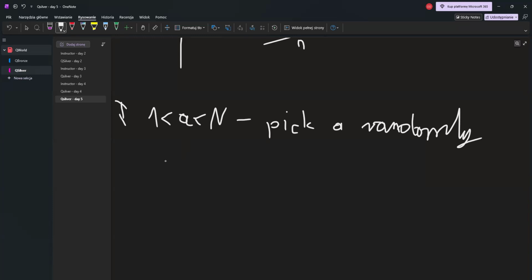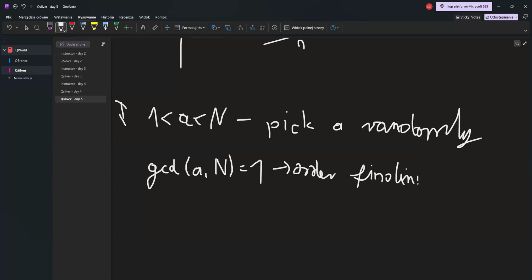So first of all, we need to calculate the greatest common divisor of A and N. So GCD of A and N. And if it's equal to 1, then we need to apply the order finding algorithm.